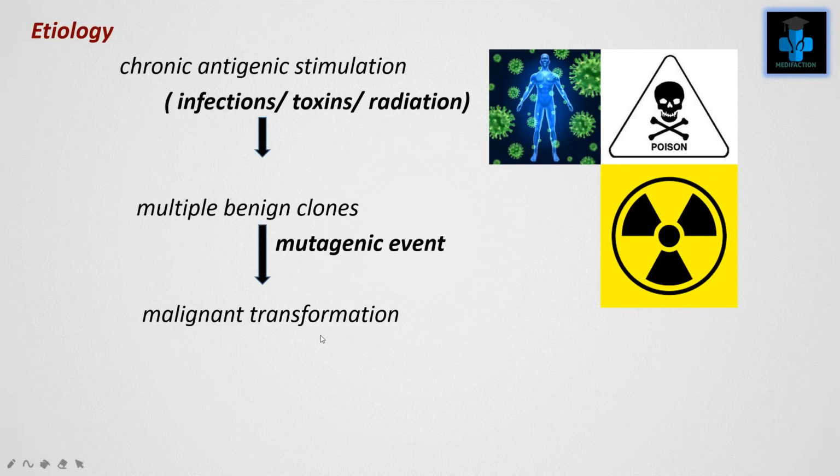Now let's see the etiology. So in this case, firstly, there will be a chronic antigenic stimulation due to infections, toxins or radiation, which leads to multiple benign clones which come across a stage of mutagenic event which results in the malignant transformation.